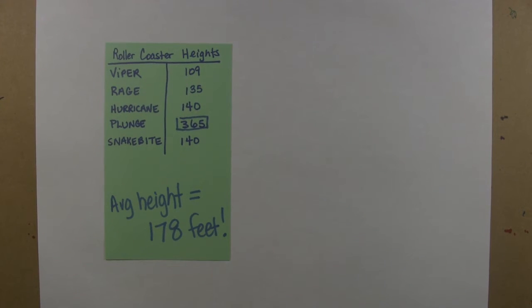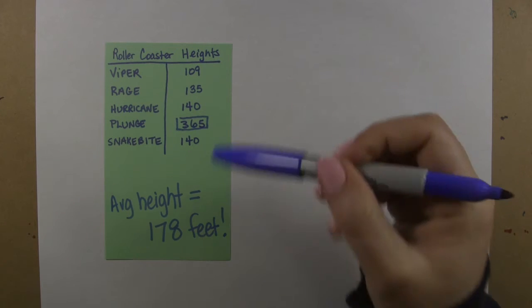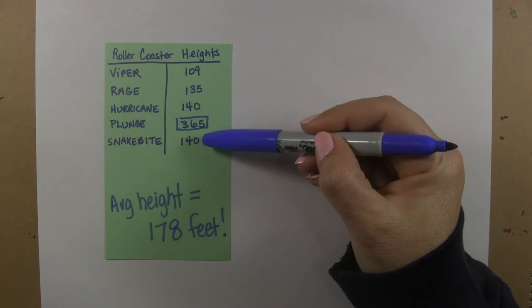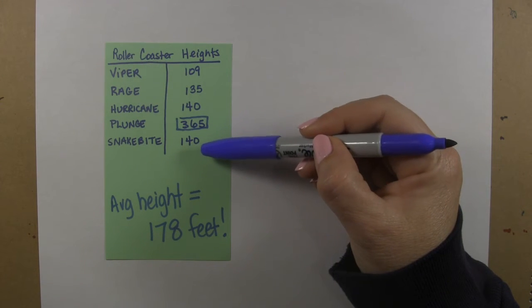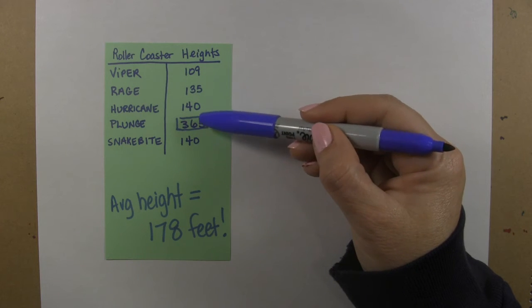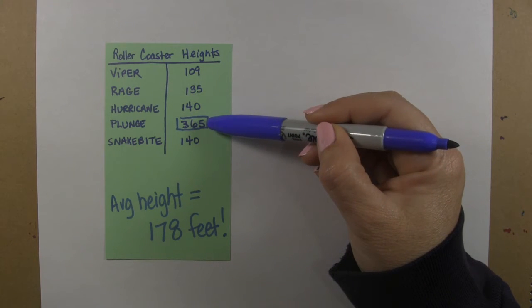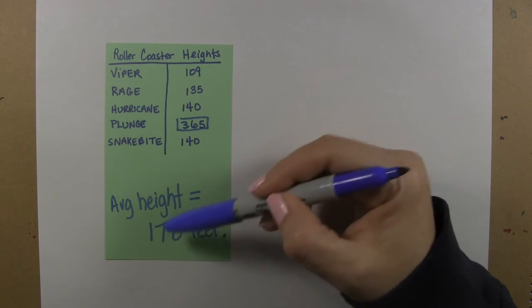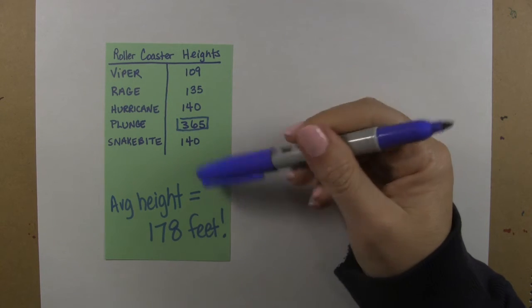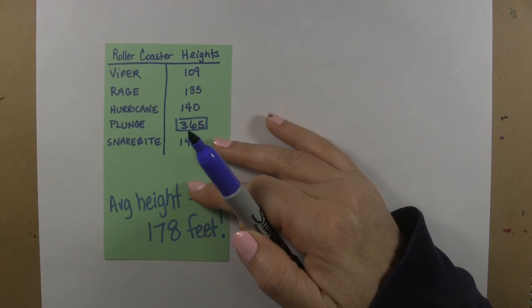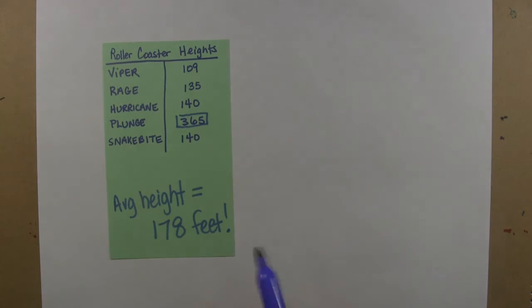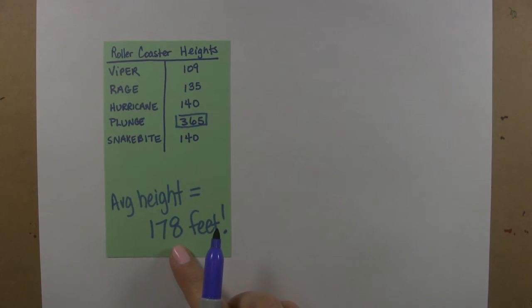So imagine how disappointed you would be if you went and they said, yes, we have 5 roller coasters at our theme park. And you look at them and only one of them is bigger than the 178 feet. So that's how statistics start to lie. So how did they calculate this average height?